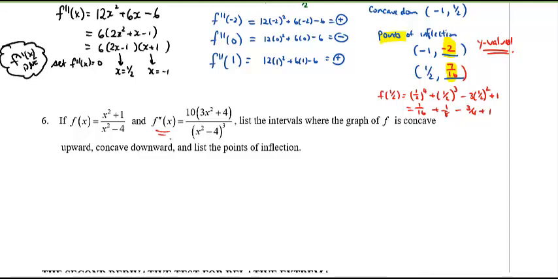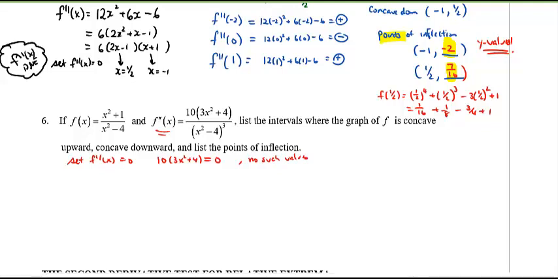of inflection. So same as the previous question, but this time I gave you the second derivative, so we'll just quickly set the second derivative equal to 0, and that means the numerator has to be equal to 0. I'm thinking no such values, because everything is positive there. I can't make it equal 0.